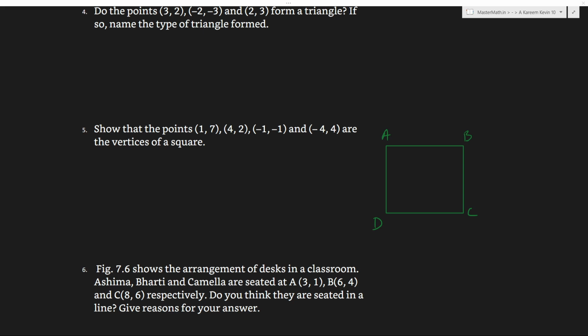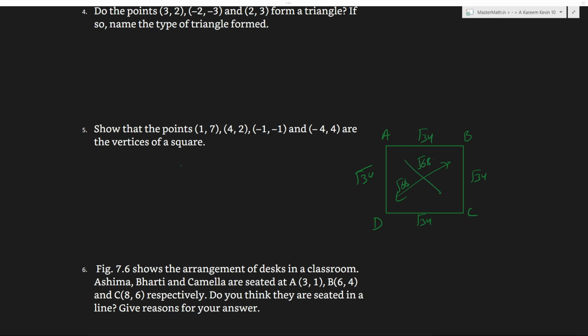It is a square, sir. Tell me the sides. So I got AB is root 34, sir. All are root 34. And the diagonals are root 68 and root 68.